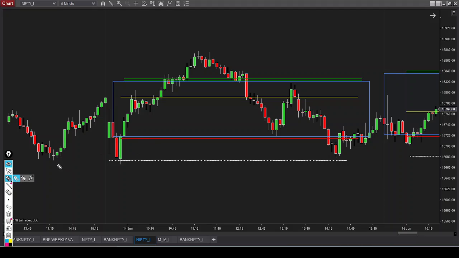So here very simple, this dotted white line which you could see is a simple previous day's low. So here what is happening? Price is opening here, that is, price is opening inside yesterday's range, and price is trying to move down. So here price is trying to go away from this red zone, a red colored marked zone which you could see, a red line.